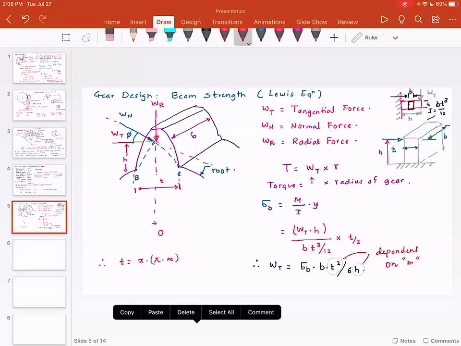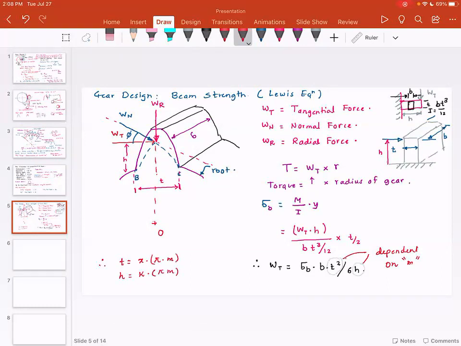And I can say H is equal to some other coefficient, K times pi times module. So this entire expression can be written in terms of module. That's what I'm going to do here. When I simplify, my equation becomes the design equation for the gear. I want you to see this carefully.